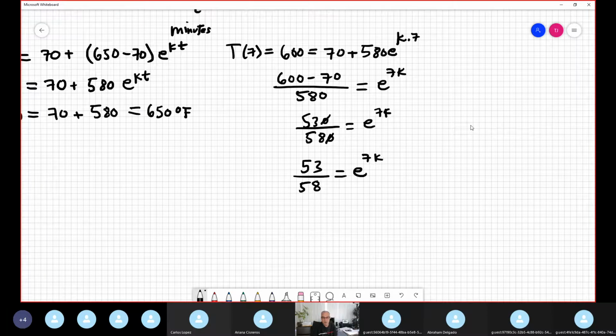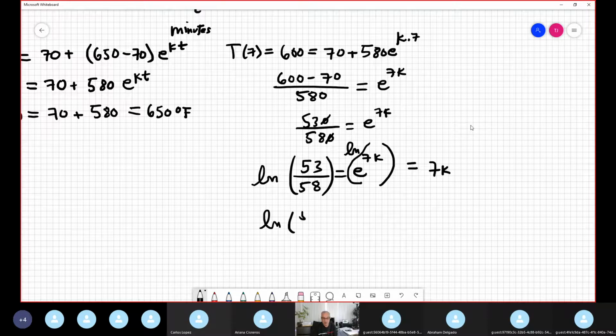Now, a crucial moment in which you apply the natural logarithm. Always you apply the natural logarithm because I know the natural logarithm together with the exponential undo each other and give me 7k. Now, the logarithm of 53 over 58 divided by 7, this is k. Then you put it in the calculator. However, I don't want to copy this result on the piece of paper because this is a weird decimal, no?